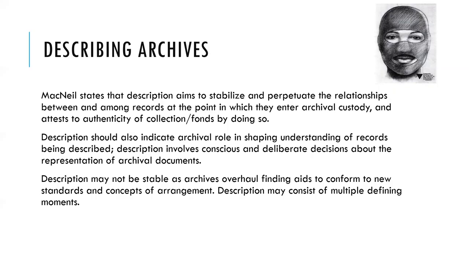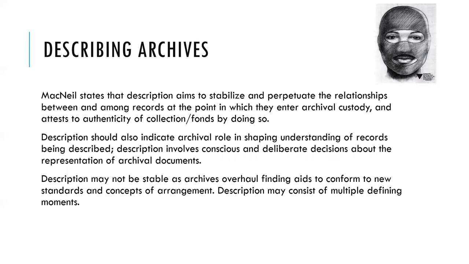And then archivists can go back and change the finding aid to reflect this different input from researchers or people using the records. Also, as records are reactivated and used for different purposes, that may impact how they're described over time as well.